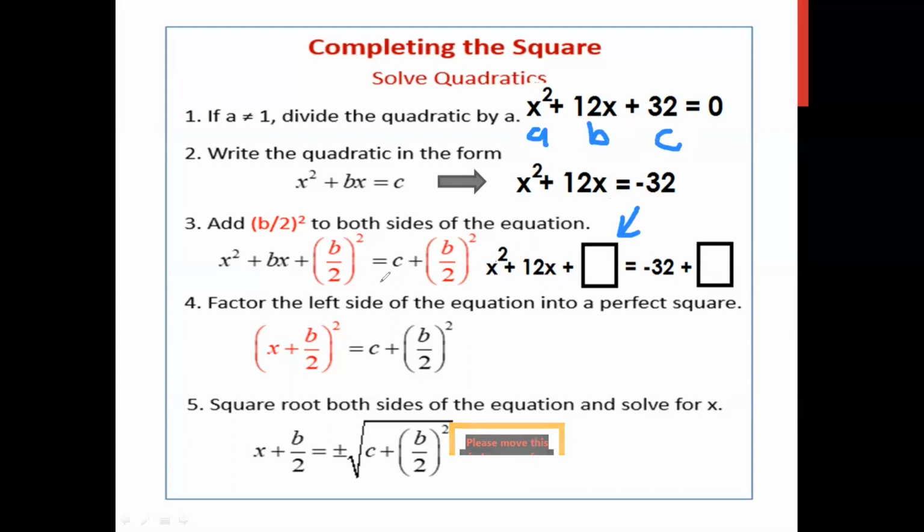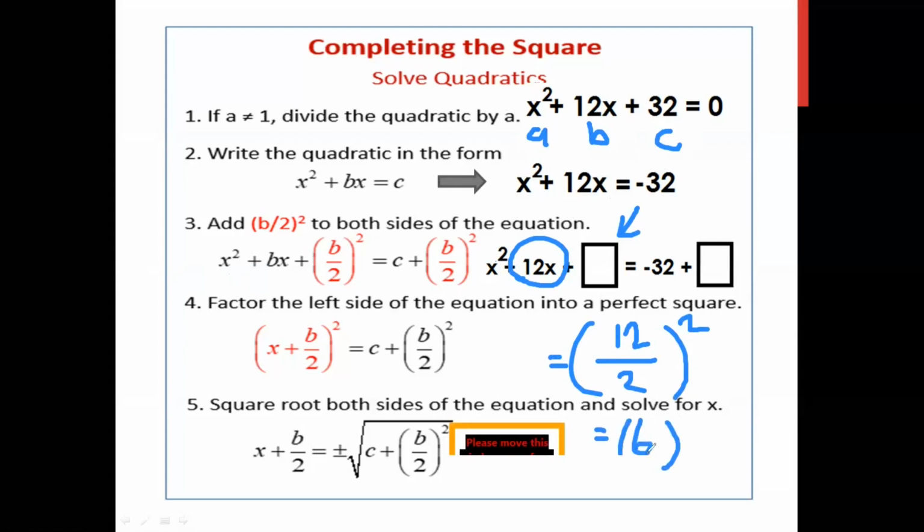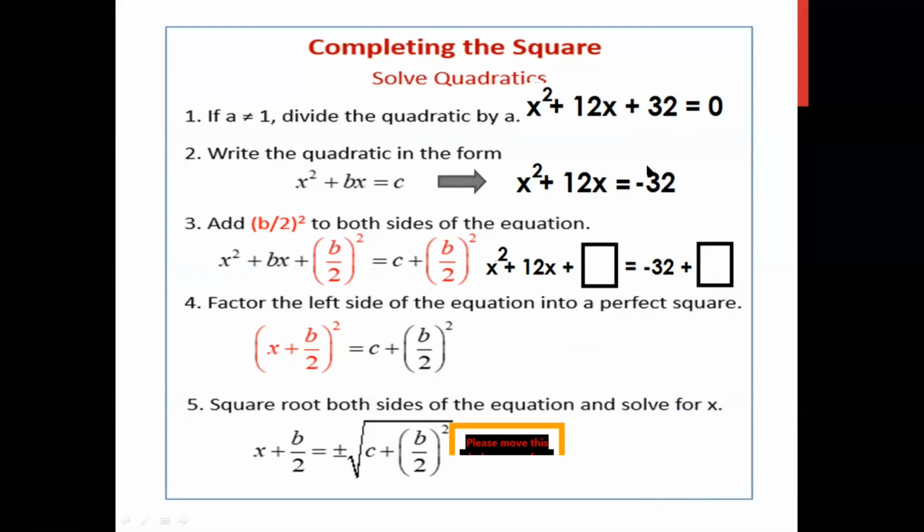Our b is 12, so we put 12 over 2, then square. 12 divided by 2 is 6, then squared, we get 36. So 36 here, and plus 36 on the other side.